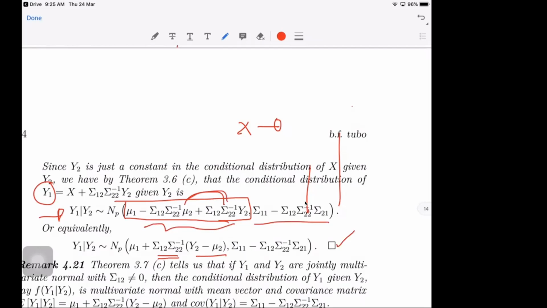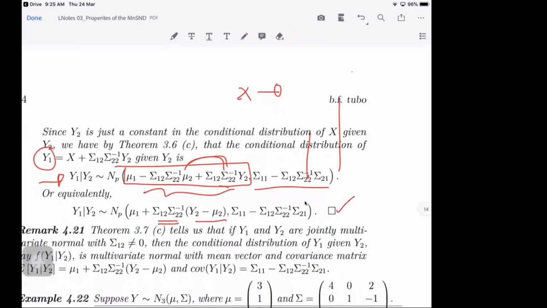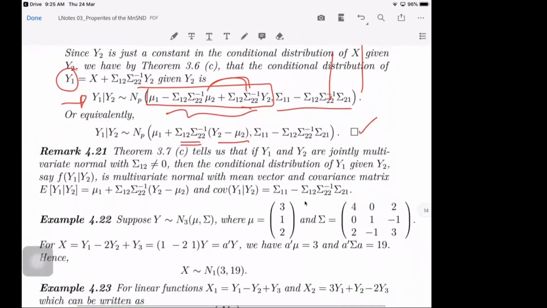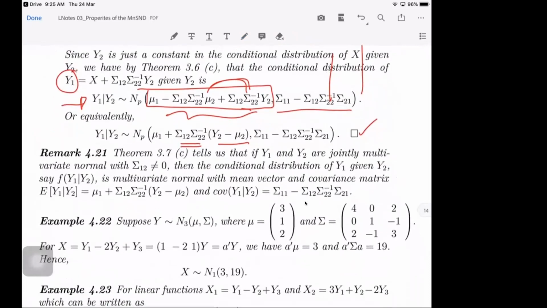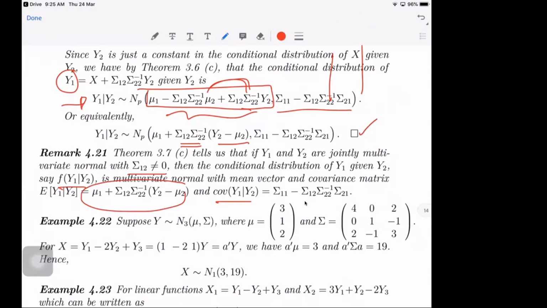So theorem 3.7c tells us that if y1 and y2 are jointly multivariate normal, where sigma 1 2 is not equal to 0, then the conditional distribution of y1 given y2, say if we have this conditional distribution, is still multivariate normal with mean vector given by this component and covariance matrix of the conditional distribution of y1 given y2 given by this matrix.